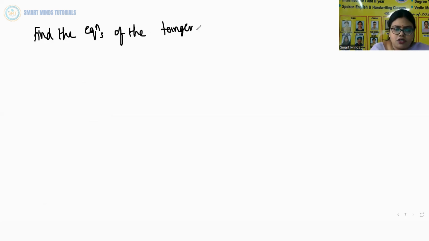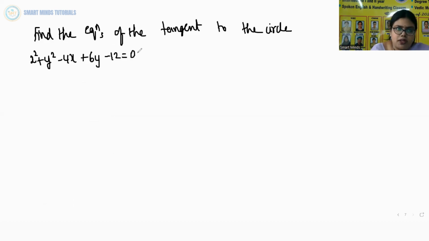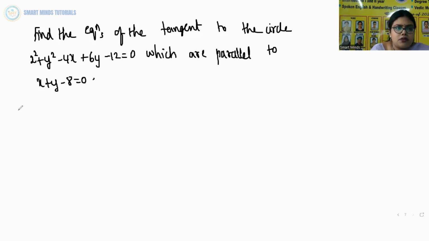Take another question. This is also important. Find the equations of the tangent to the circle x square plus y square minus 4x plus 6y minus 12 is equal to 0, which are parallel to x plus y minus 8 is equal to 0.